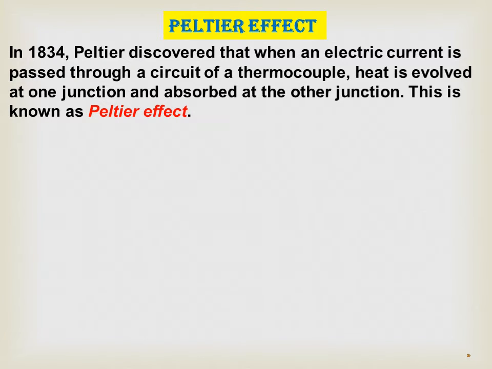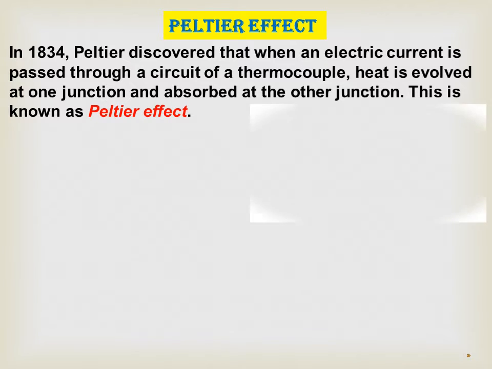Next one, the Peltier effect. In 1834, Peltier discovered that when an electric current is passed through a circuit of a thermocouple, heat is evolved at one junction and absorbed at another junction. This is known as the Peltier effect.